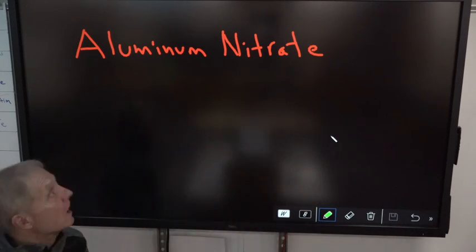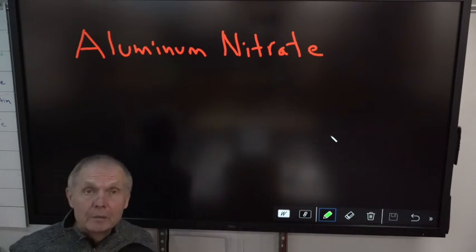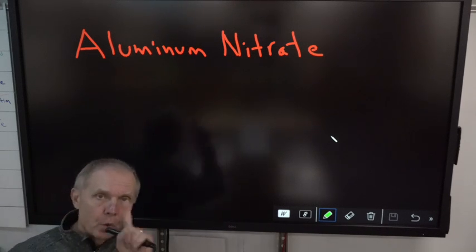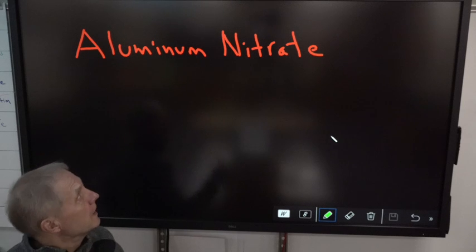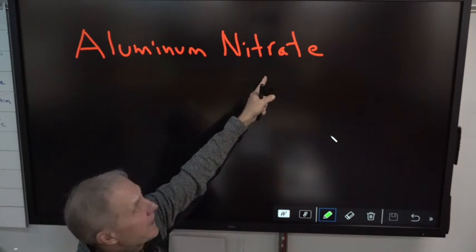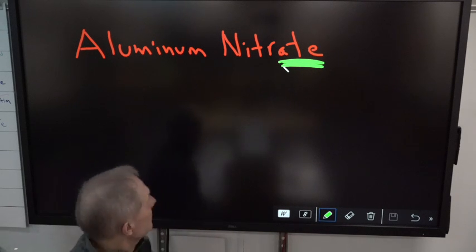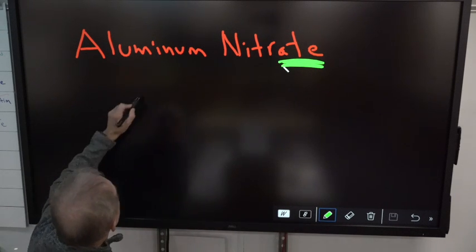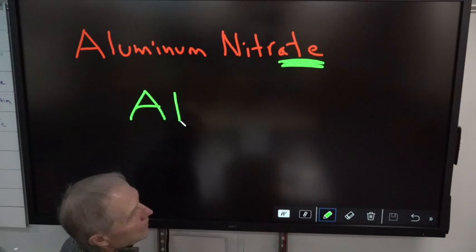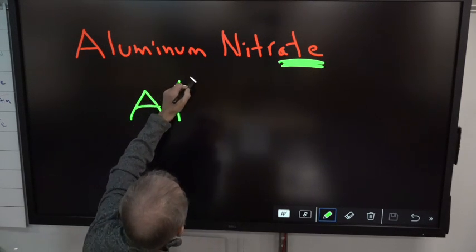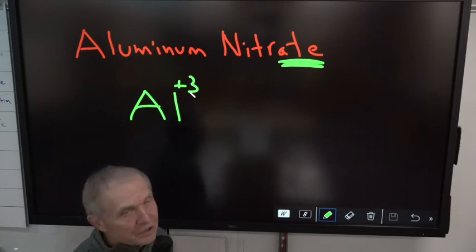So, question, how come the metal aluminum doesn't have a Roman numeral after it? Because aluminum only has 1 charge, okay? How do you know that that's just not nitrogen? Because it ends in ATE. So now let's put this together. Al, look up the oxidation state or charge, it is a plus 3. All right, nitrate.